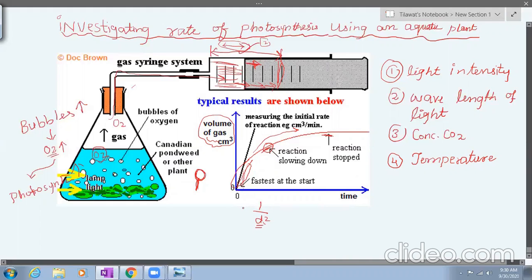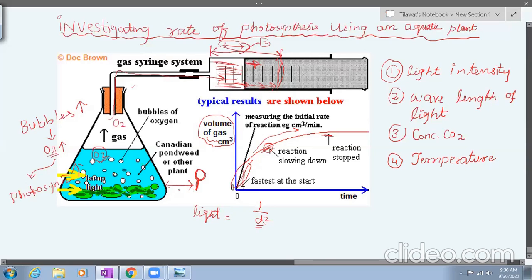It means that if you are increasing the distance, the light intensity will decrease. Both are inversely proportional. Light intensity is inversely proportional to what? To distance, right?